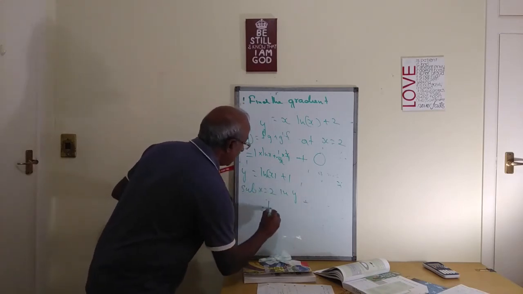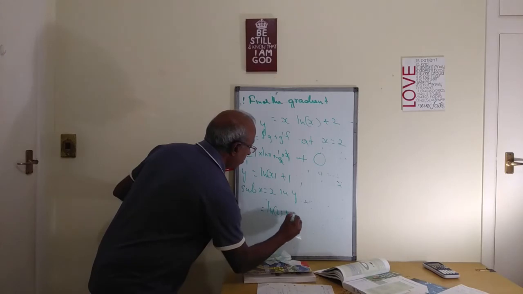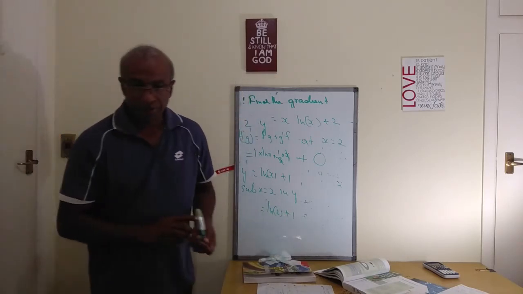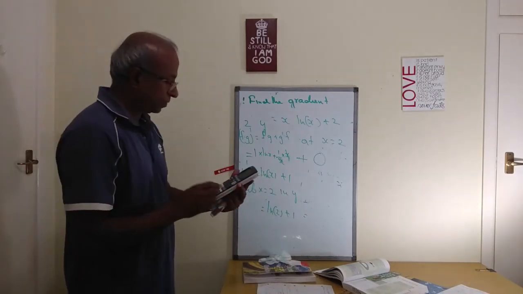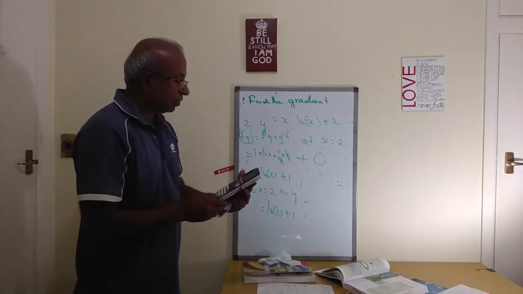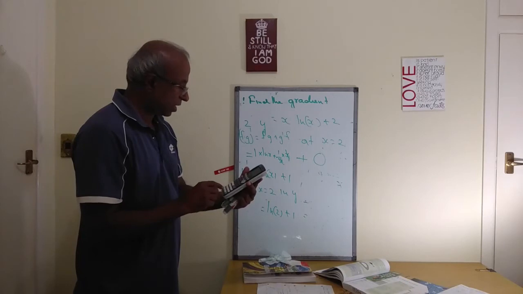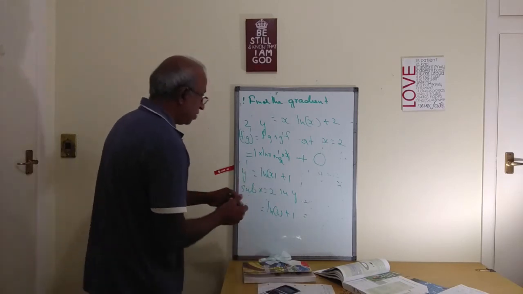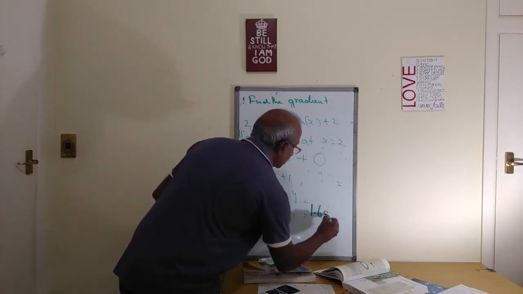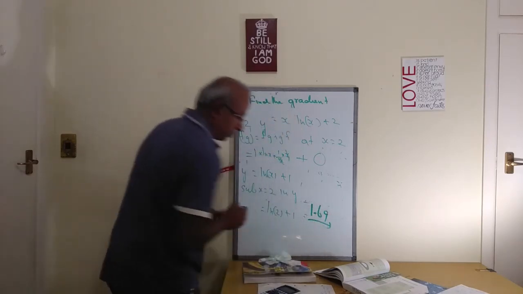So then you get ln of 2 plus 1. Use your calculator. You are going to find ln of 2, that is 0.69, plus 1, that is 1.69. We have 1.69. That is the gradient of that curve.